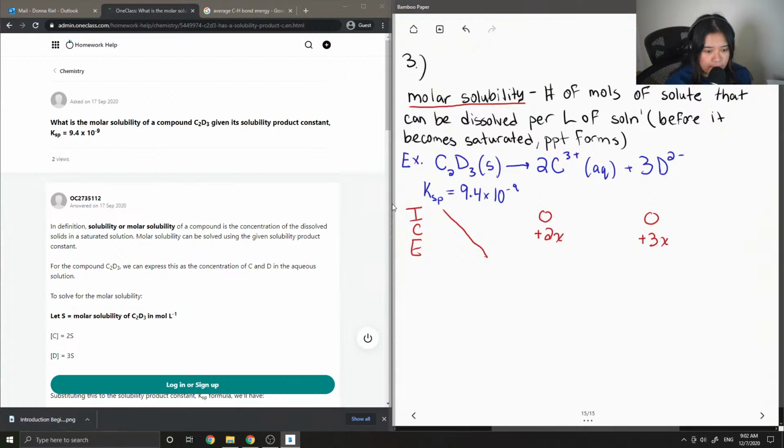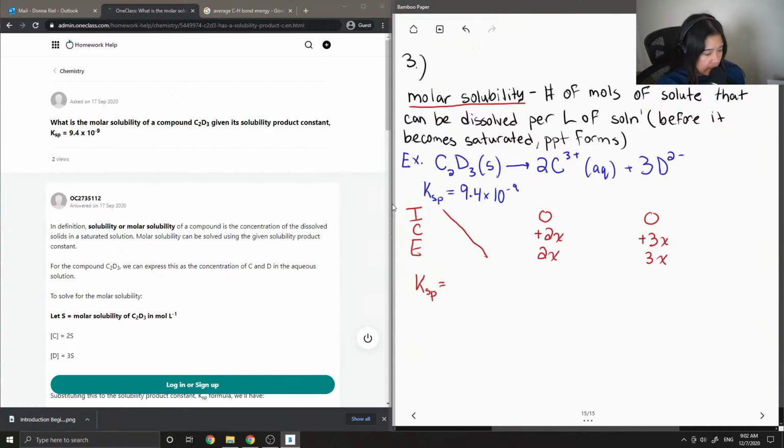So this shows us that our concentration at equilibrium is equal to 2x for the C3+ and 3x for the D2-. Okay, so now we can write our Ksp expression.